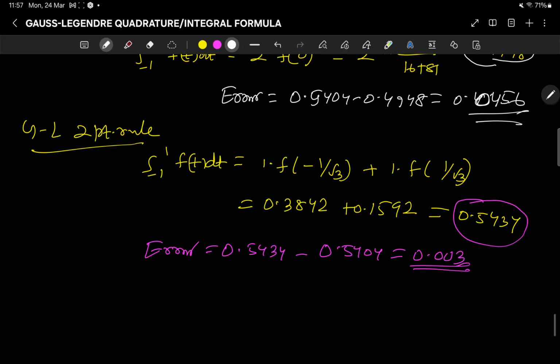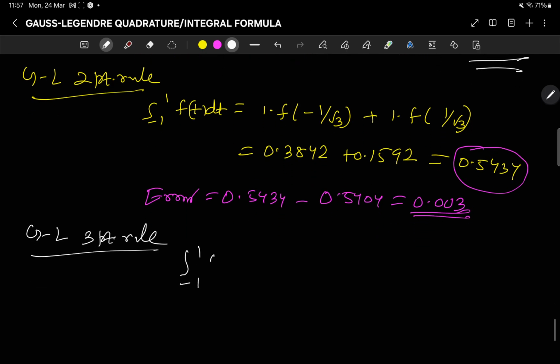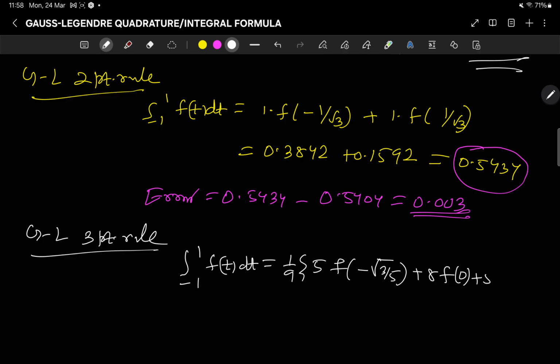Now coming to your Gauss Legendre 3-point rule. The formula here is integral minus 1 to 1 of f(t) dt is 1 by 9 of 5 f of minus root of 3 by 5 plus 8 f of 0 plus 5 f of root of 3 by 5.